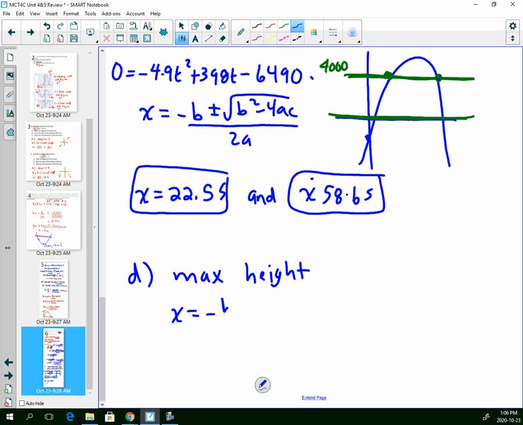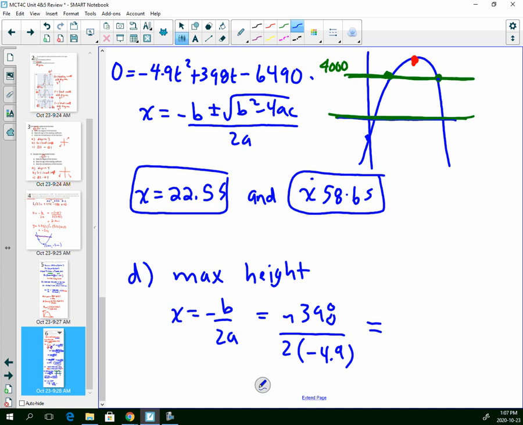So we can use our negative b over 2a. So now we're looking for this point in the graph. What's the maximum height? So we'll just put in our numbers here. B is 398, and A is negative 4.9.